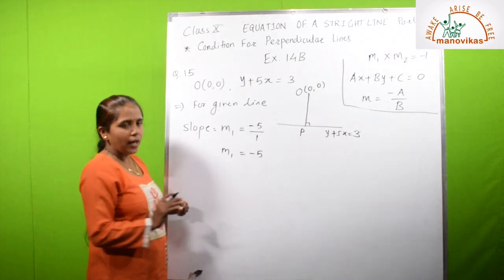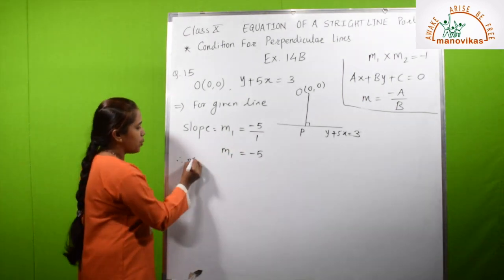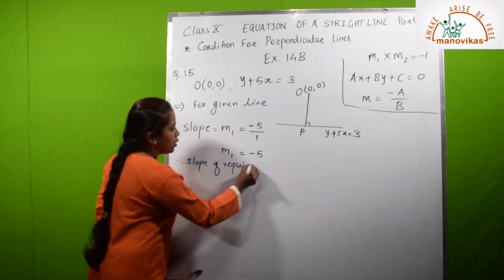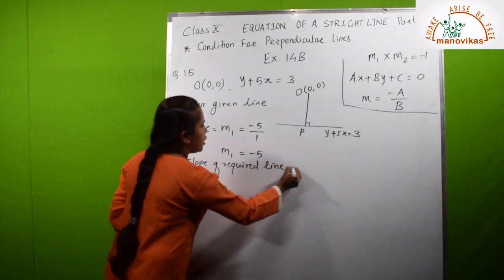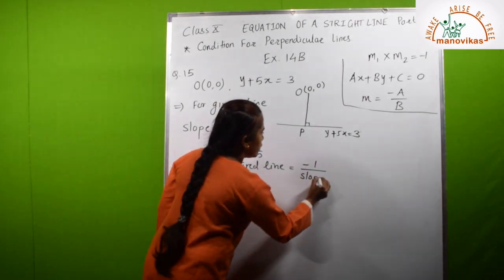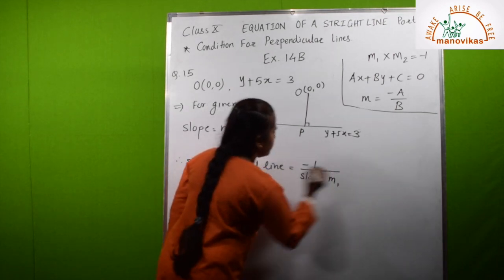But the required line is perpendicular to this given line. So what will be the slope of the required line? Slope of the required line will be minus 1 upon the slope of the given line, that is slope m1.